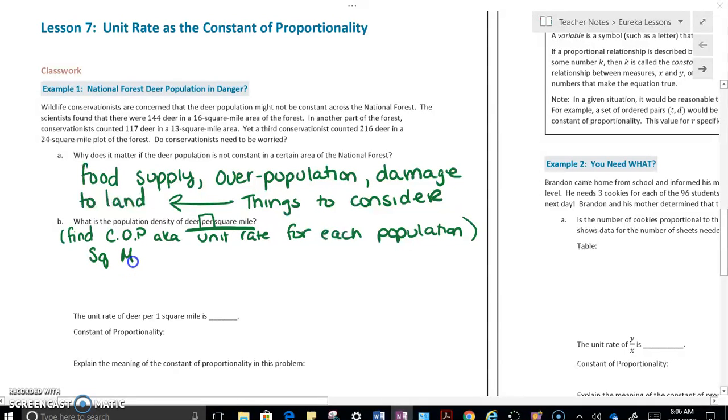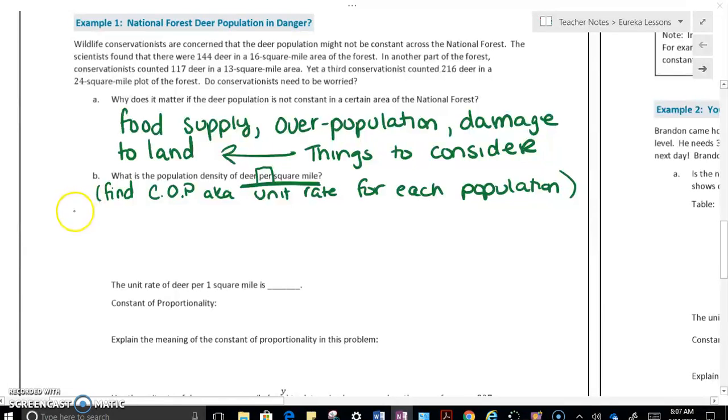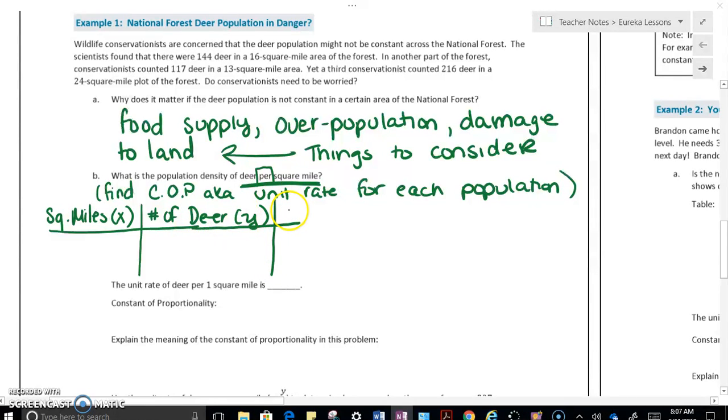So I like to set up a table to organize the information for you guys. We have our square miles in this column. I'm going to zoom in a little bit more. Square miles, I'm going to call that my X. Number of deer, I'll call that Y. And how do we find the unit rate?